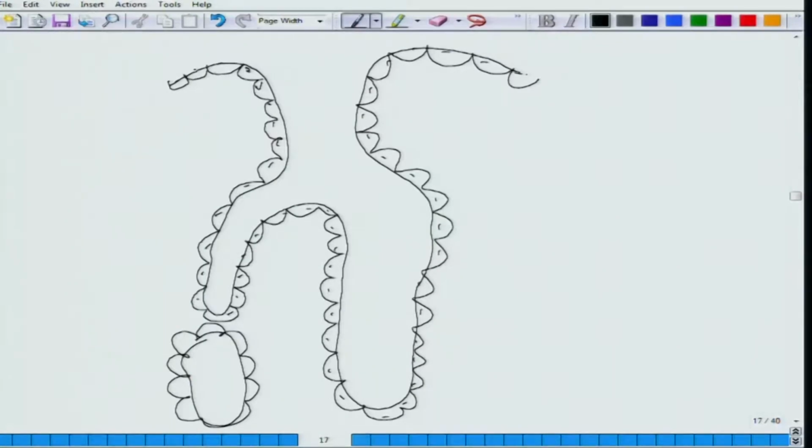I told you that these are the mucous cells, and this zone that you see here is called the neck of the pit. Underneath that you have some cells which I am now putting in red.